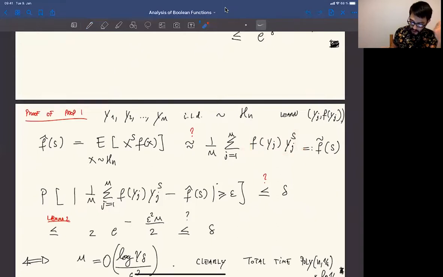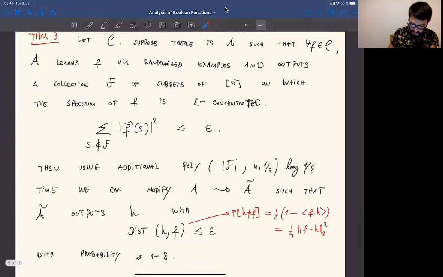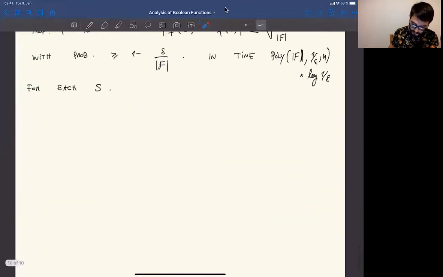So the algorithm will choose a sample of random examples, and it will differ for different sets S.